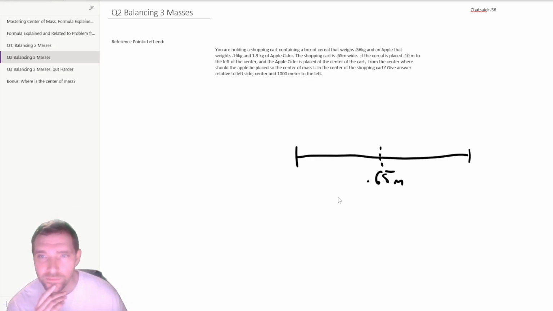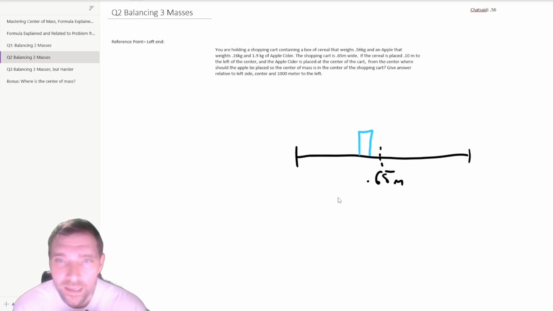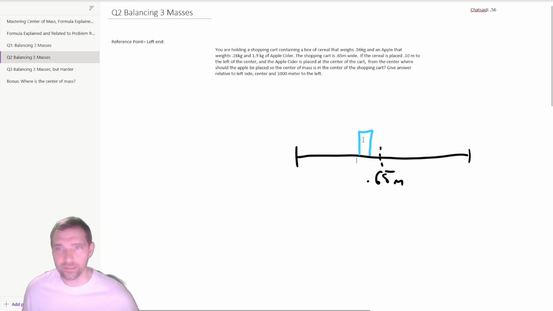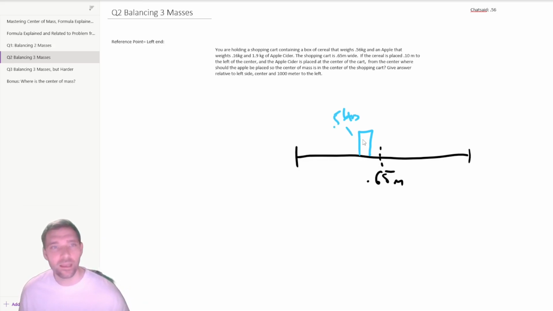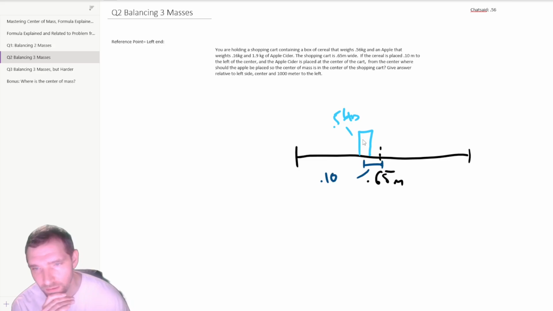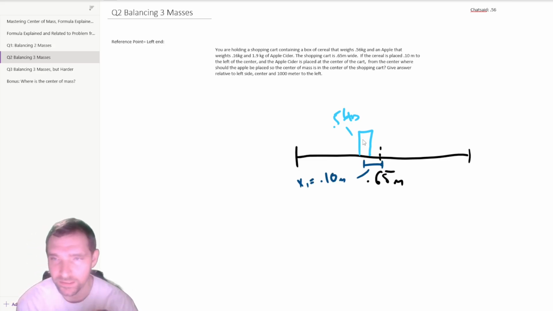And now we've got a box of cereal, and they're telling us that the box of cereal weighs 0.56 kilograms, and they're giving us the displacement relative to the center here as 0.10 meters, possibly for x1 if we're talking about relative to the center.